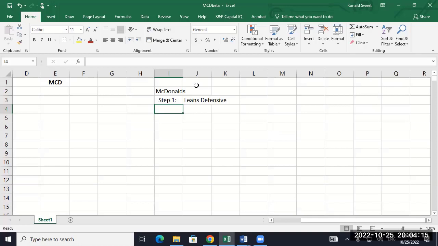It might be all ranch style beans, 7 gallons, but it's going to be pretty cheap per calorie. So it leans defensive, but it is low cost. Even in a bad economy, people still stop by McDonald's because it doesn't cost that much. So it leans defensive. I don't think it's a low beta company.